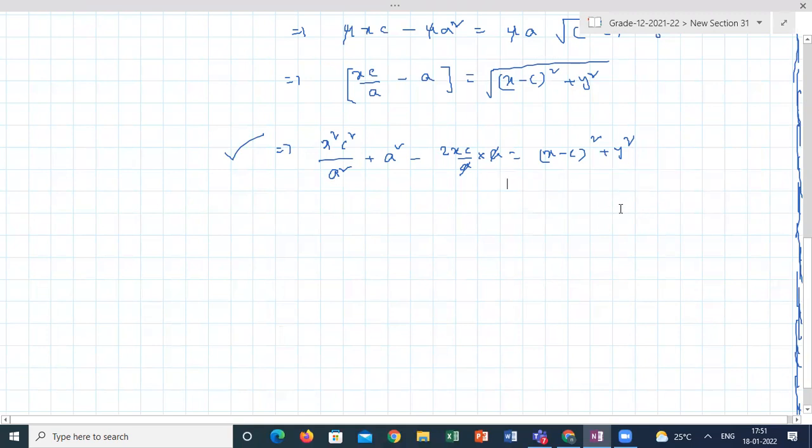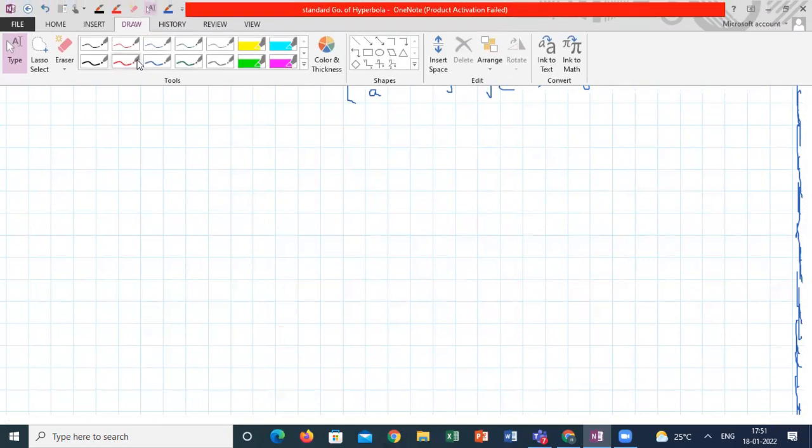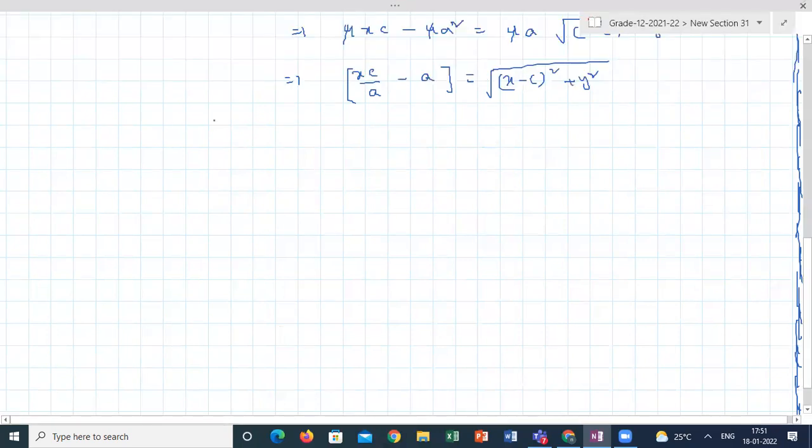Is it clear up to here? Yes, sir. So I'm taking square on both sides. What will I get if I'm doing square on both sides? xc by a minus a whole square.